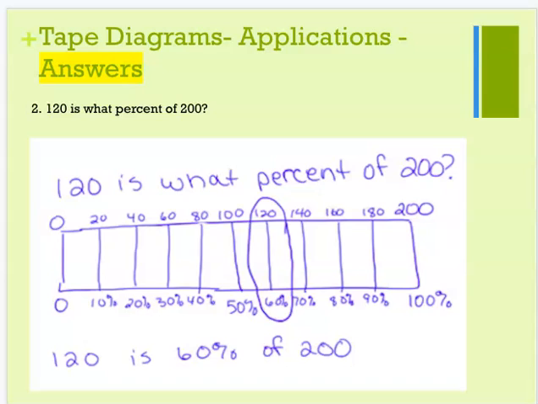And when I do that, labeling clearly, I see that 120 is 60%. So 120 is 60% of 200. Again, if I'm using estimation techniques, I know that 50% of 200 is 100, so it should be greater than 50%. So my answer of 60% is reasonable.